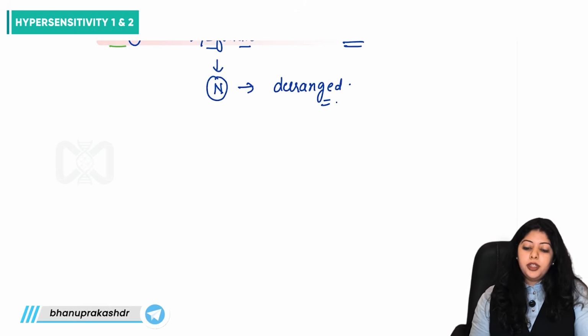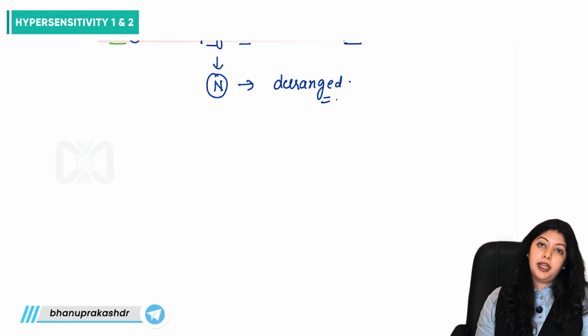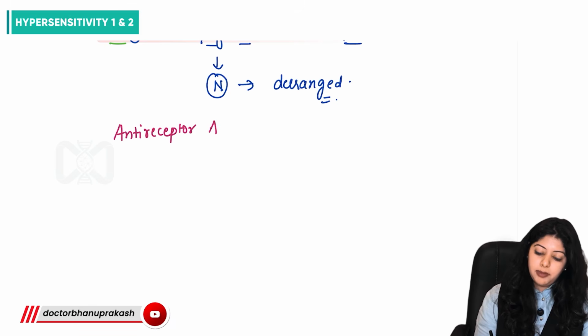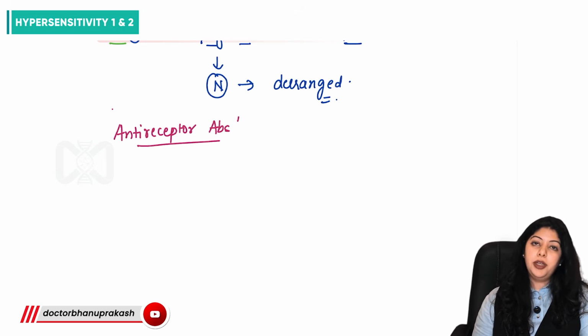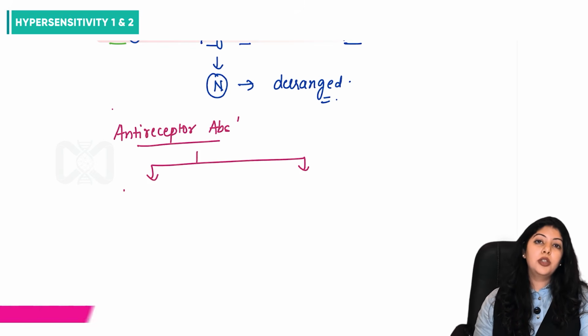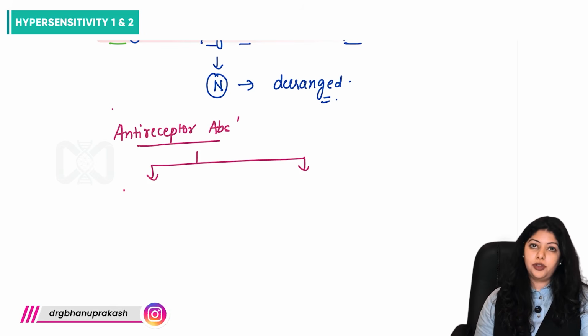Right? So what is happening in this particular mechanism is that anti-receptor antibodies are formed inside the body, and these antibodies can lead to either excessive stimulation of certain receptors or inhibition of certain receptors.